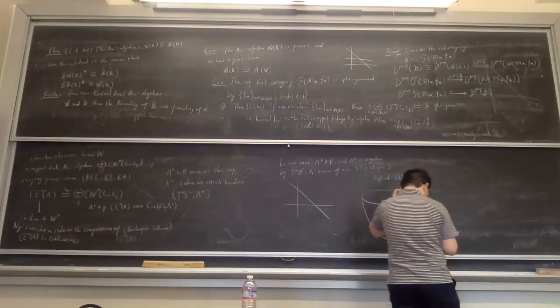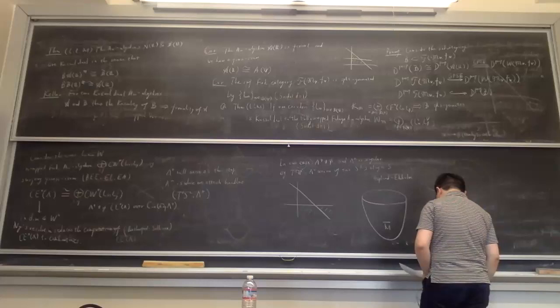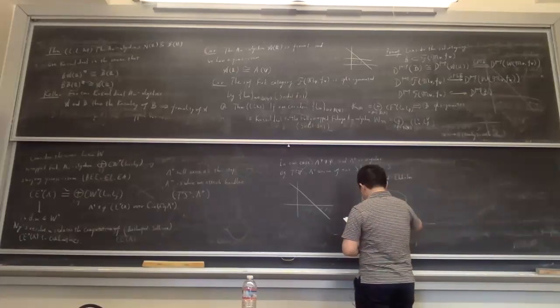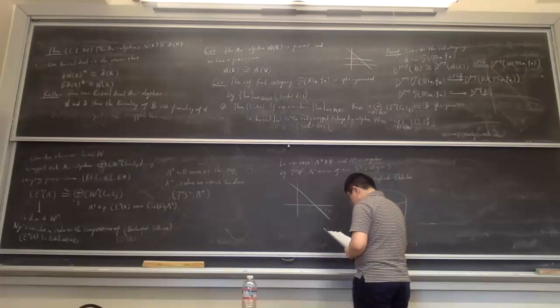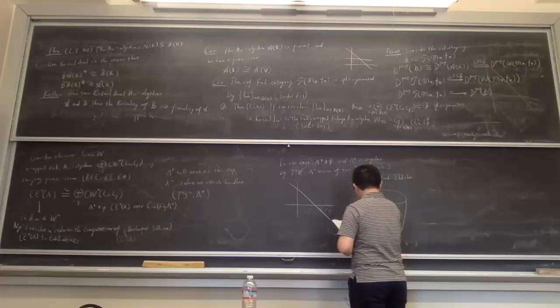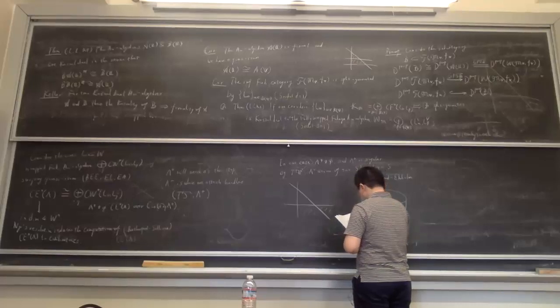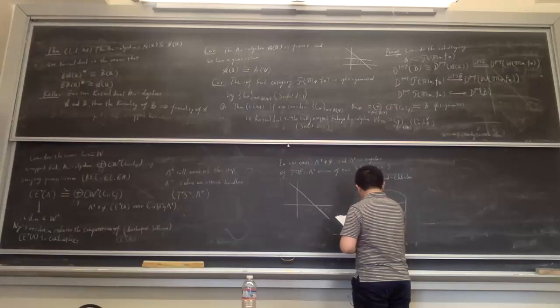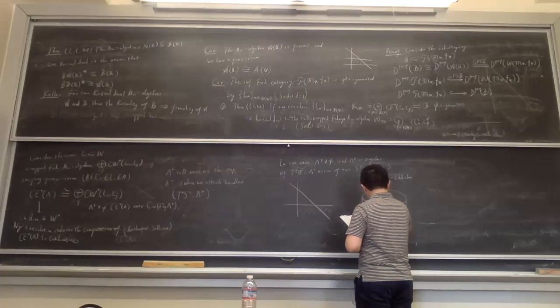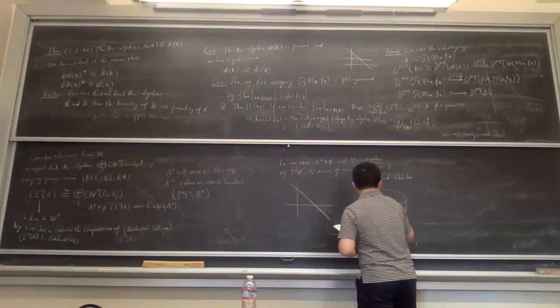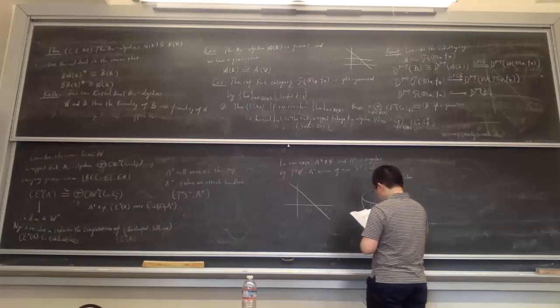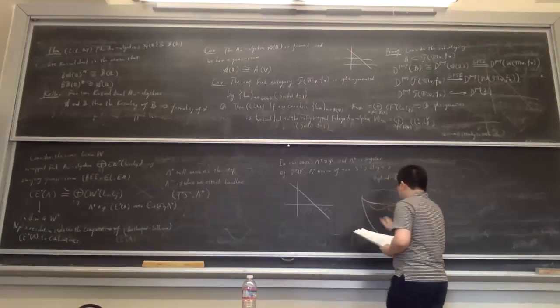Weinstein domain means we remove the cylindrical end. And we have a singular Legendrian. So this is your Legendrian, lambda v.